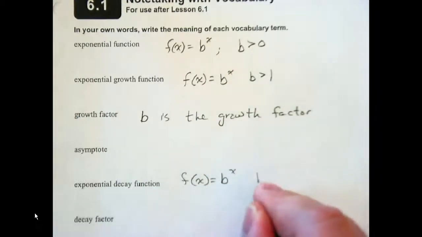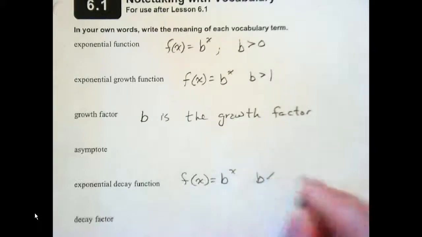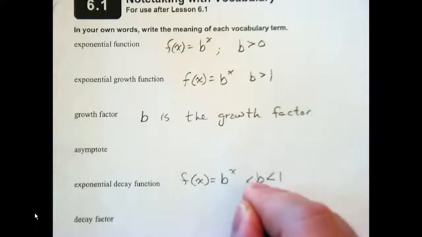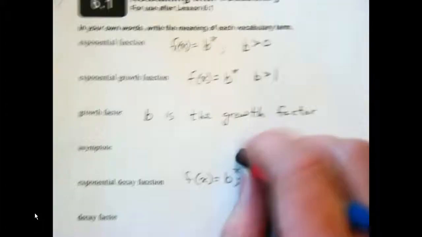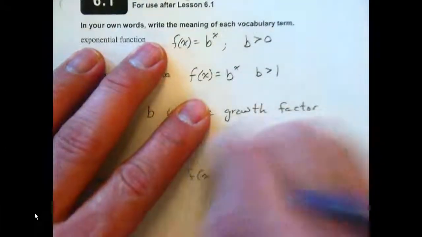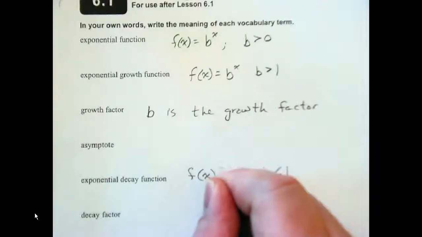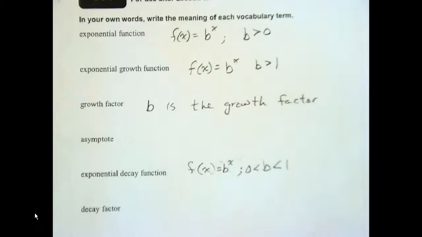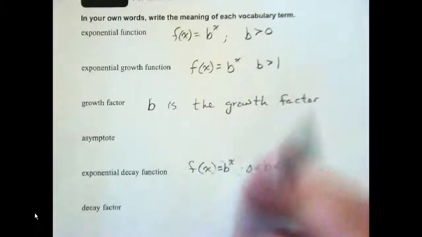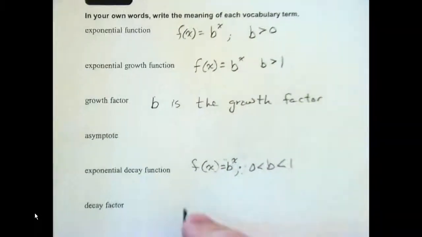However, it's when b is less than 1, but b is greater than 0. So it's in between 1 and 0 there. And once again, b is our decay factor.